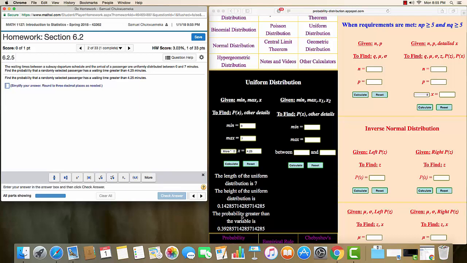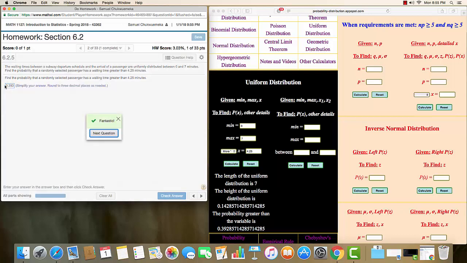So if this was a traditional classroom, then you need to show all your work. So the probability here to 3 decimal places will be 0.393. Okay, 0.393. Enter. Okay.